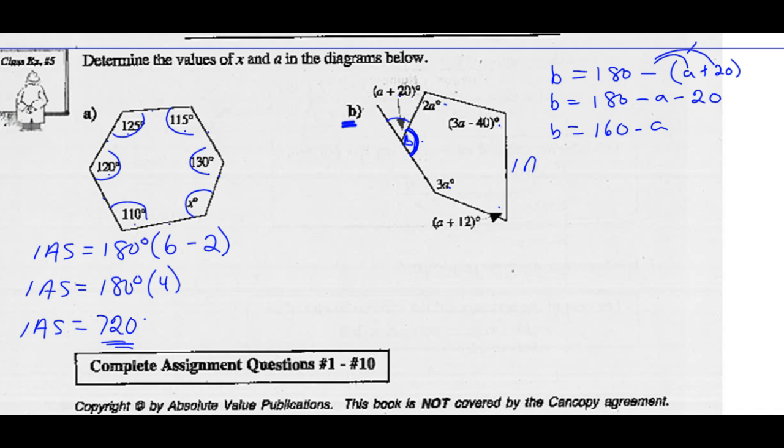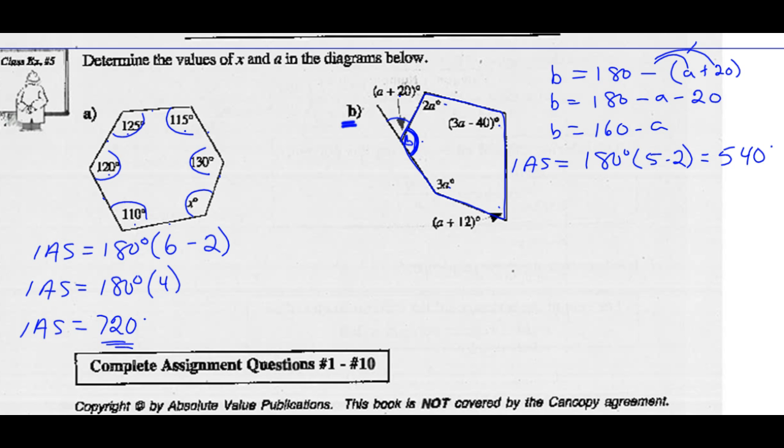So let's do the interior angle sum of this shape. Let's say 1, 2, 3, 4, 5-sided shape. So that's going to be 180 degrees times 5 minus 2, or 180 times 3, or 360 degrees. Oh, 540, sorry. 180 times 3 is 540 degrees.